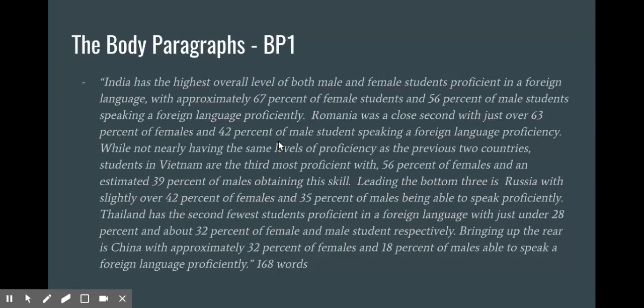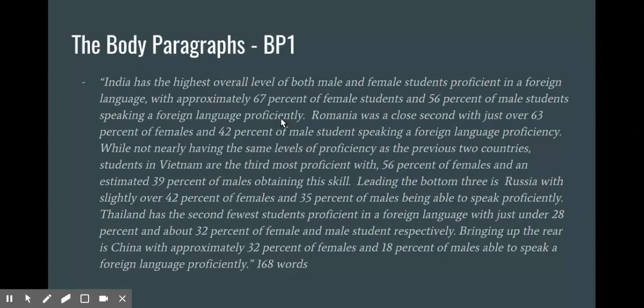Romania was a close second with just over 63% of females and 42% of male students speaking a foreign language proficiently. While not nearly having the same level of proficiency as the previous 2 countries, students in Vietnam are the third most proficient, with 56% of females and an estimated 39% of males obtaining this skill.